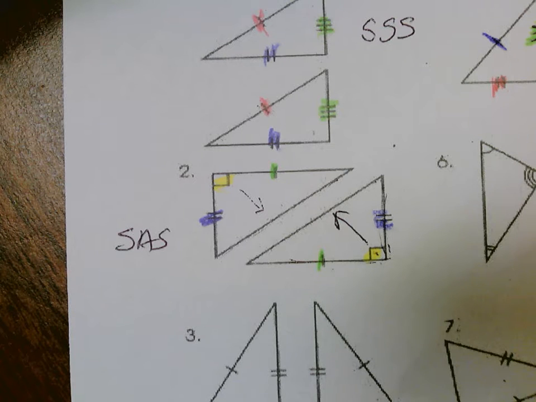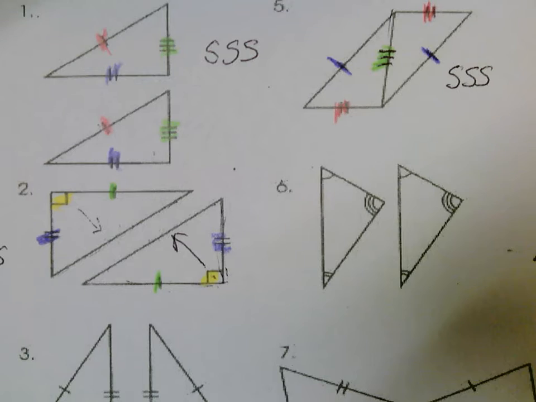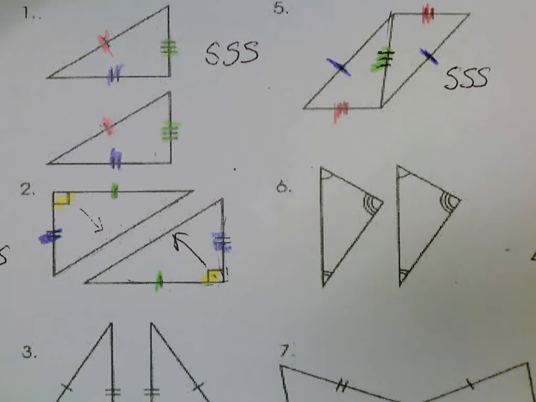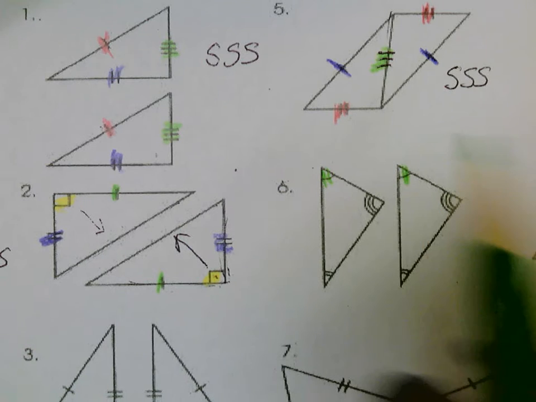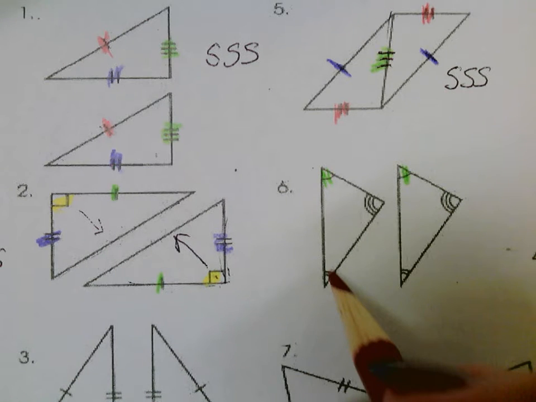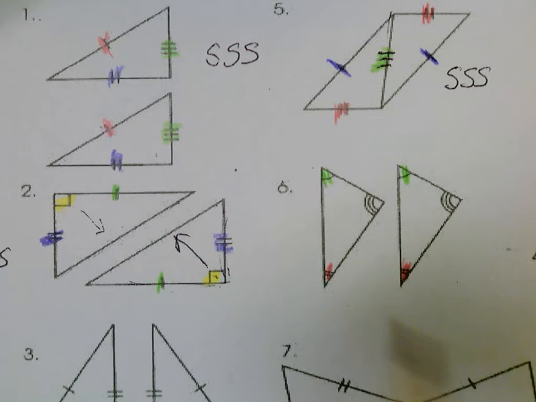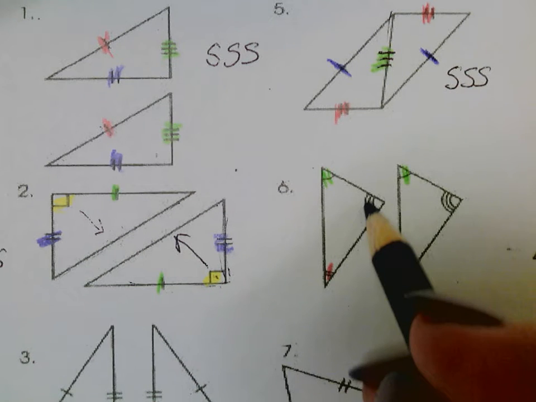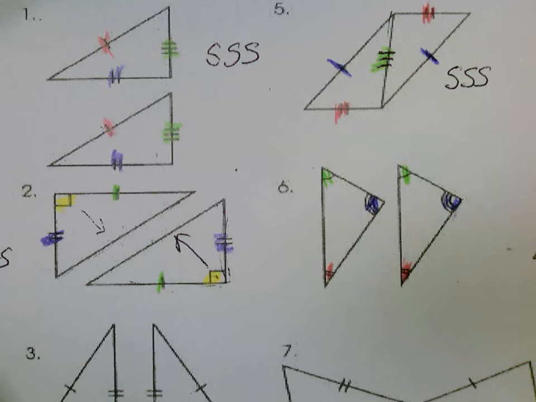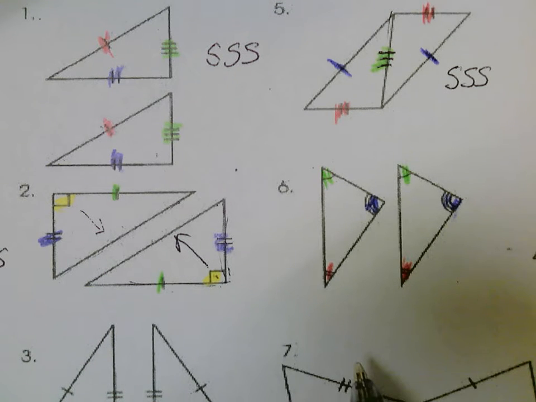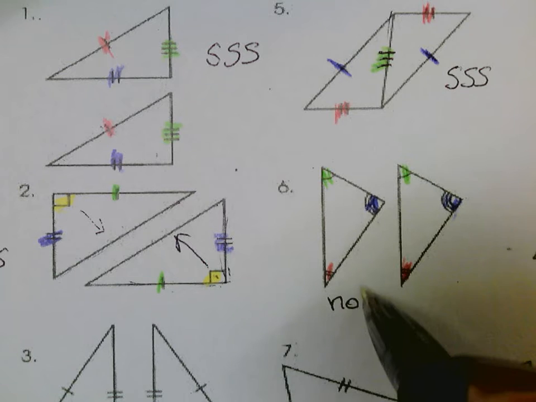Okay, the next one, we have all angles. So we have this angle that goes with this one, this angle that goes with this one, and this angle that goes with this one. Angle, angle, angle. However, that only proves similarity. It's not enough information to prove that they're congruent.